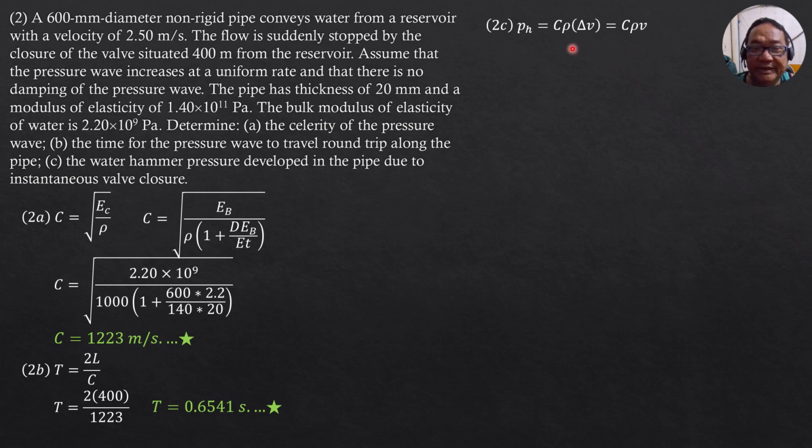So 1223 times 1000 times 2.5 divided by 1000. So the water hammer pressure for instantaneous valve closure is equal to 3058 kilopascals.